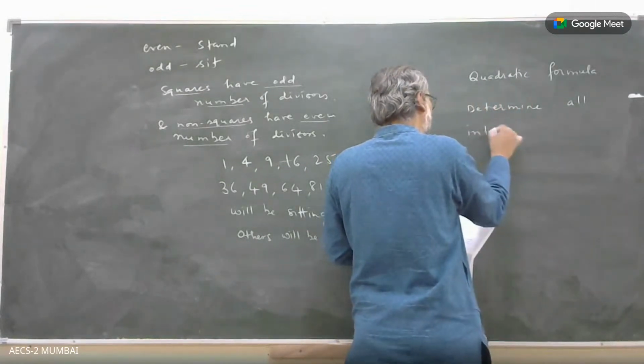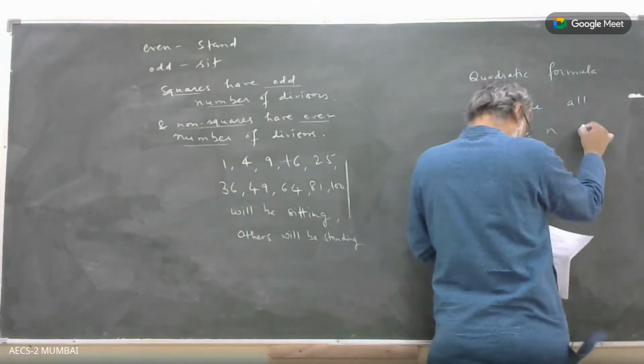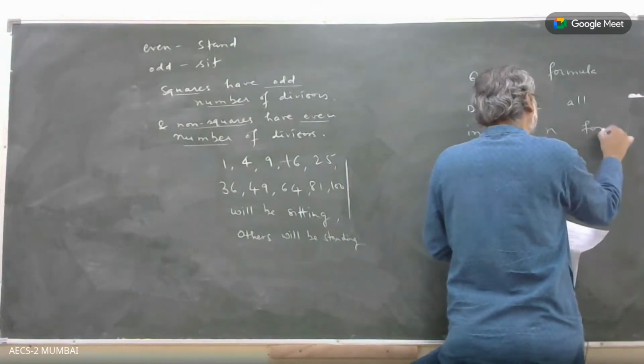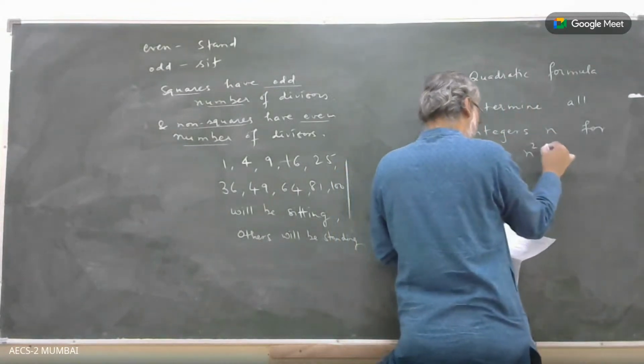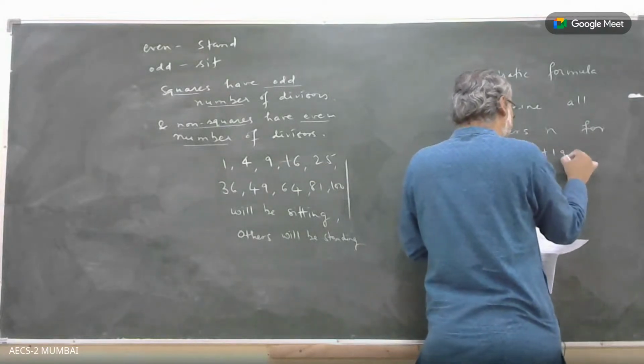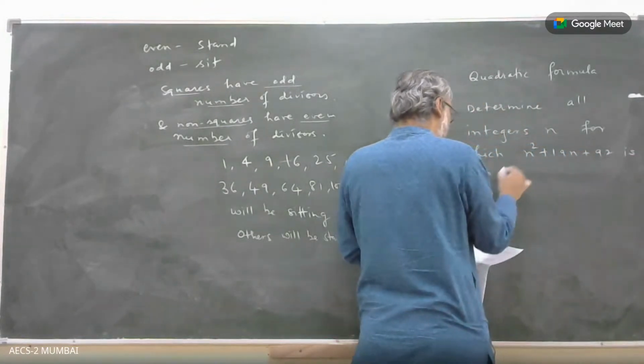Okay, determine all integers n for which n square plus 19n plus 92 is a perfect square.